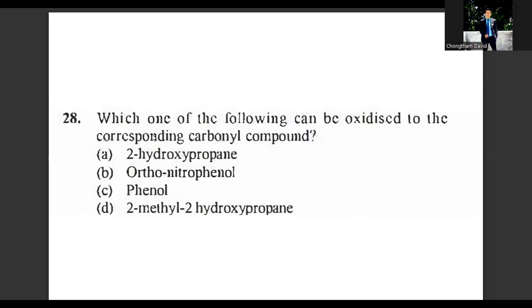You will find oxidation of primary alcohol gives aldehydes, and secondary gives ketones, respectively. So among the options, only A, that is secondary alcohol, can be the answer. Secondary alcohol can be oxidized to ketone. So which is the correct answer? It must be 2-hydroxypropane.